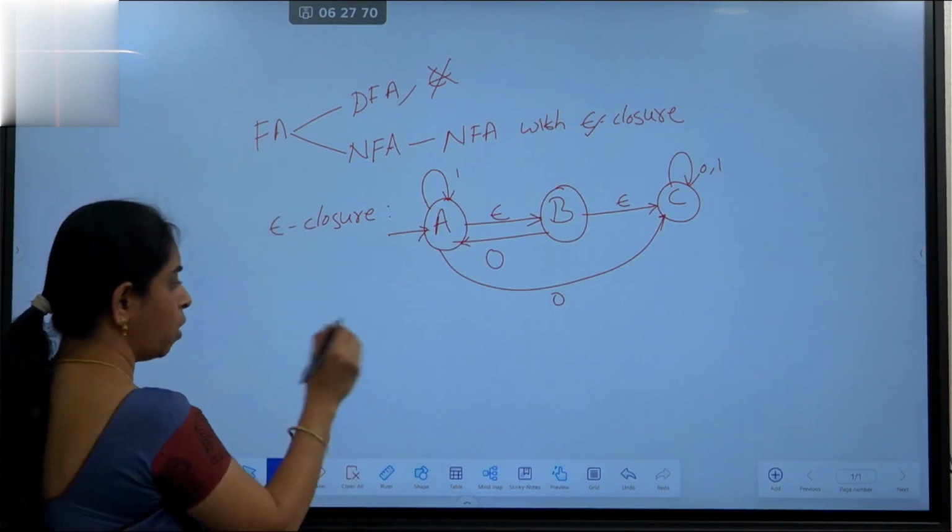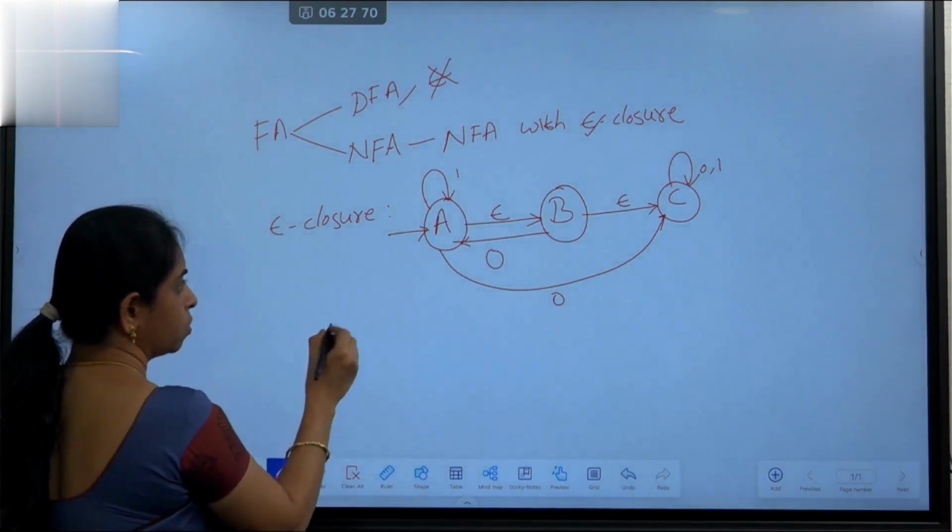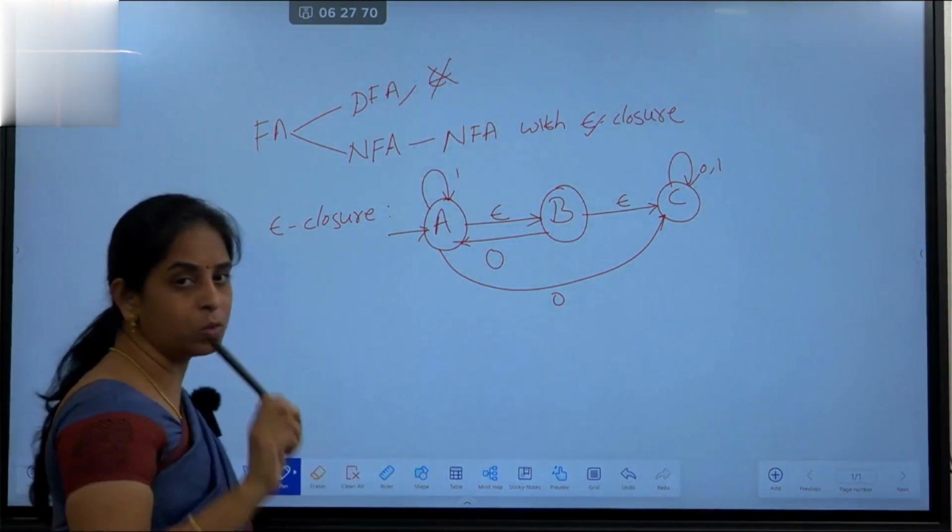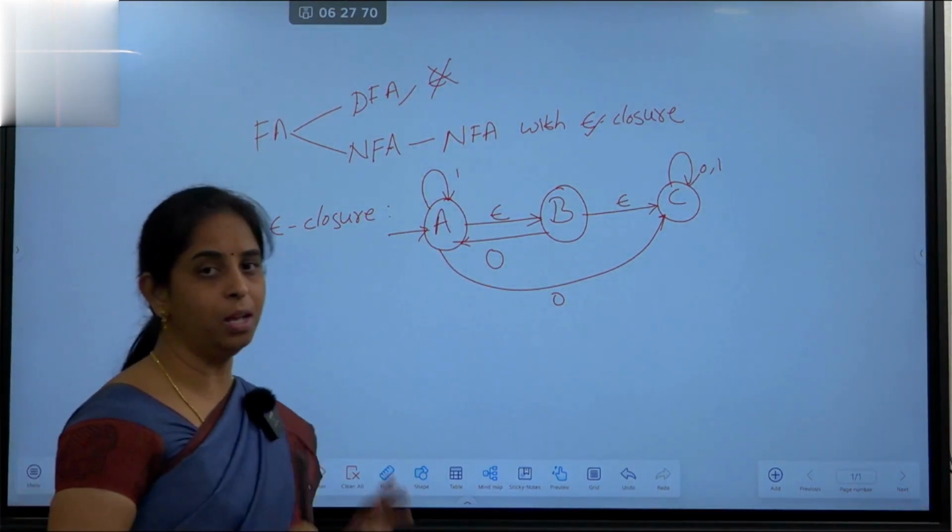For this we have to find the epsilon closures. First we have to find the epsilon closures for all the states that are given in the NFA.